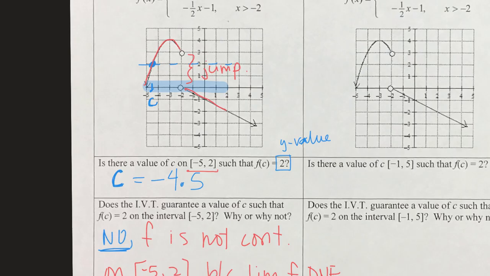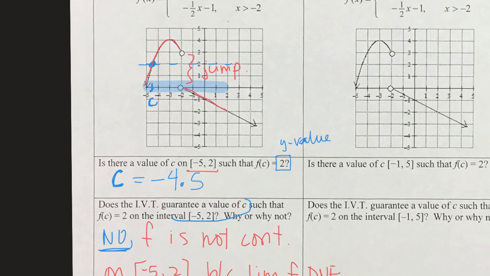So here we have a spot where, yes, there is an x value, -4.5 from your graph, where the y value is +2. But if we didn't have our graph, we could say that it's not continuous there, so the intermediate value theorem does not guarantee. And this is what the IVT is going to say.